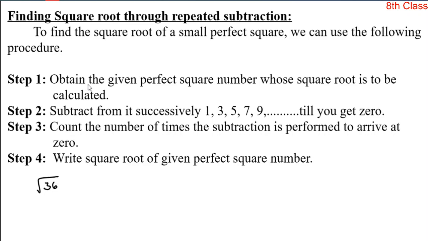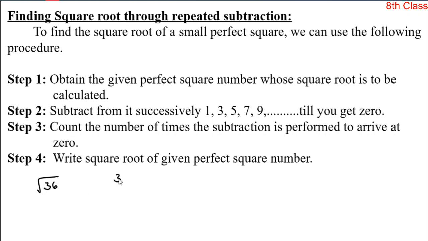First, obtain the given perfect square number whose square root is to be calculated, that is 36, and then subtract from it successively 1, 3, 5, 7, 9 and so on till you get 0. So subtract 1, 3, 5, 7, 9 respectively from this number.